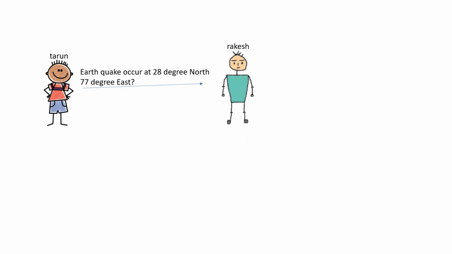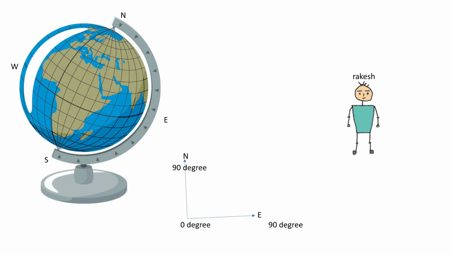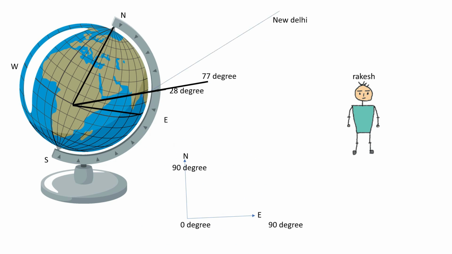Let's go forward. Suppose Tarun shares an observation with Rakesh: an earthquake occurred at 28 degrees north and 77 degrees east. So Rakesh goes there and measures the location, 28 degrees north and 77 degrees east, and it is basically the location of New Delhi.